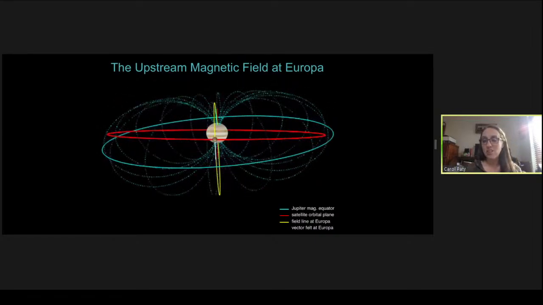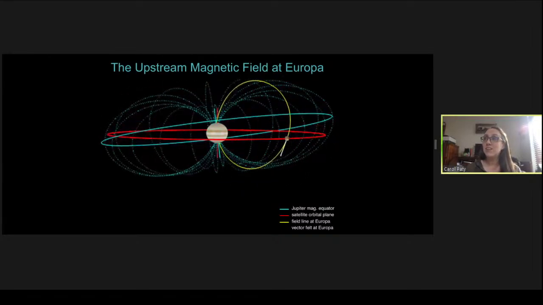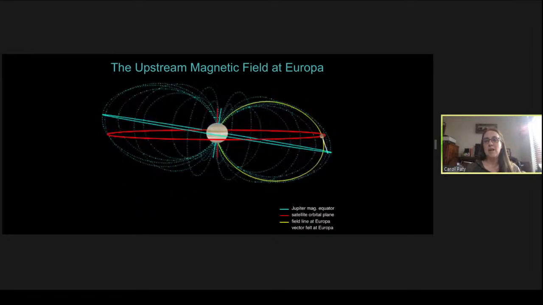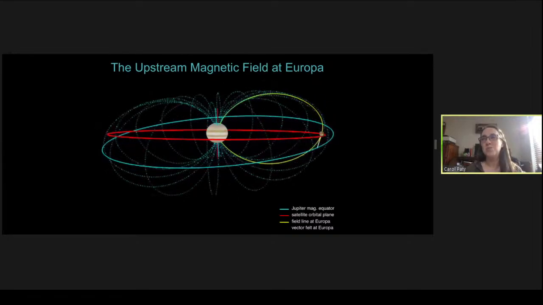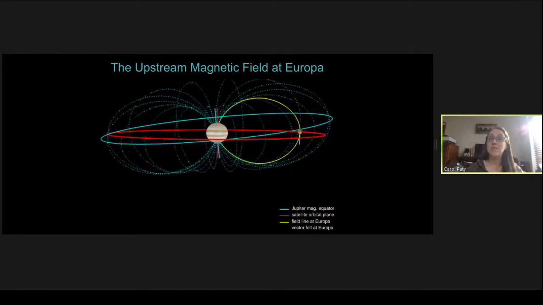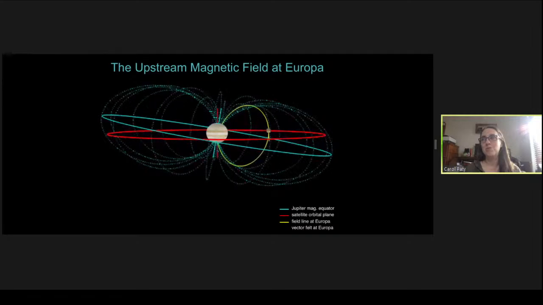Now, something that's a little harder to tell here is that Europa's orbit is eccentric. It's not a perfect circle. And because of that, when it's at its apogee, or the apoapse of its orbit around Jupiter, it's at its furthest point from Jupiter. And that means the magnetic field is the weakest, because dipole fields fall off as 1 over r cubed.